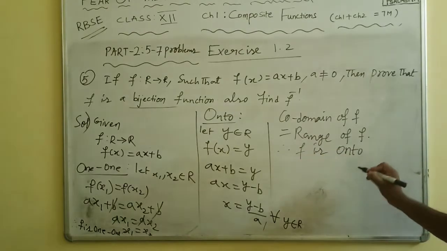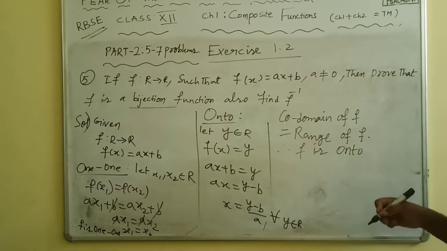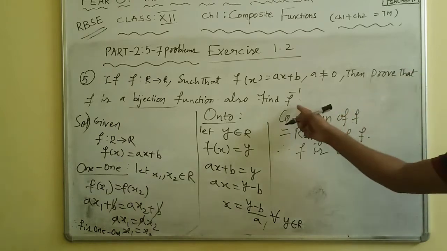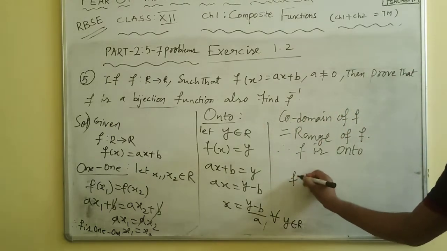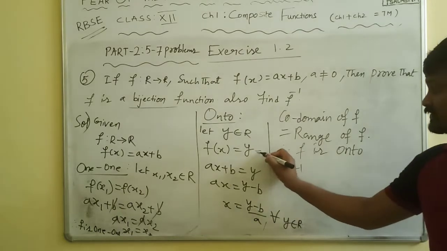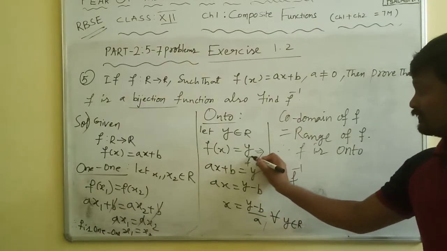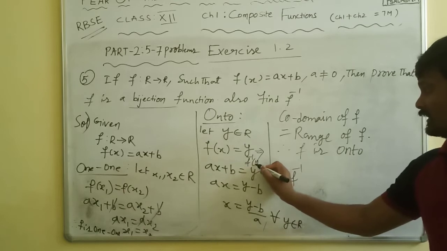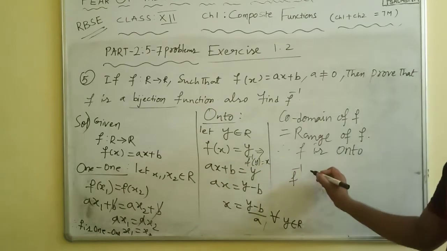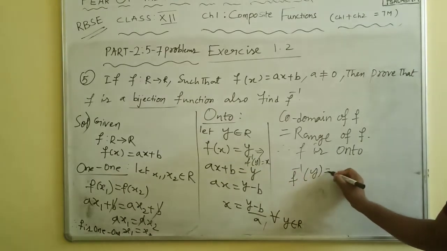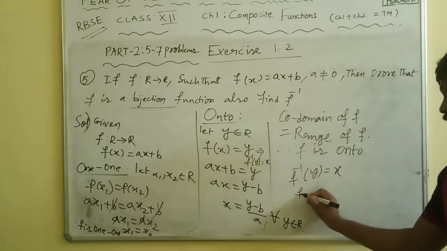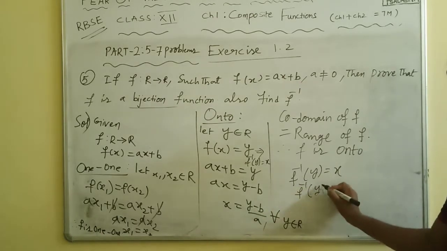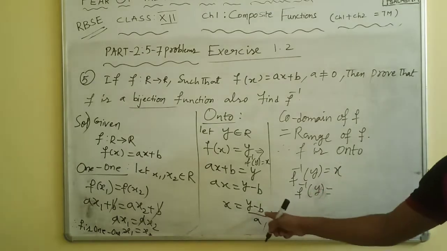If one-to-one and onto are both finished, then we need to find the f inverse. We can write f inverse of y is equal to x. Then f inverse of y is equal to, what is your x? y minus b upon a.